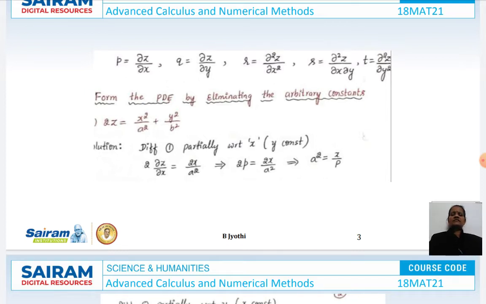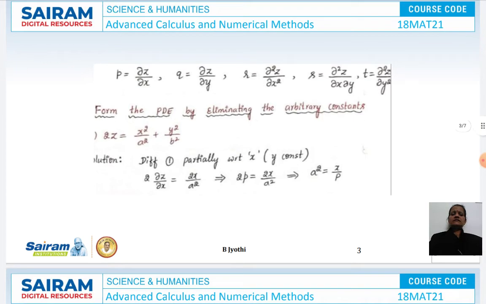And twice with respect to x, it will be r. Once with respect to x and once with respect to y, it is s. And twice with respect to y gives us t. So before eliminating, we must know these symbols.